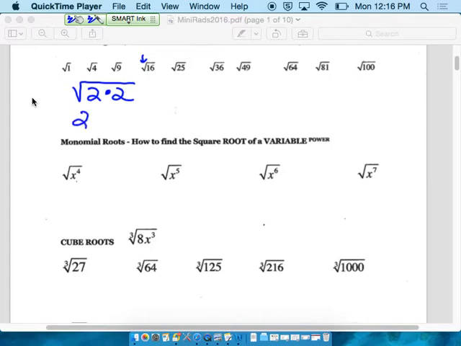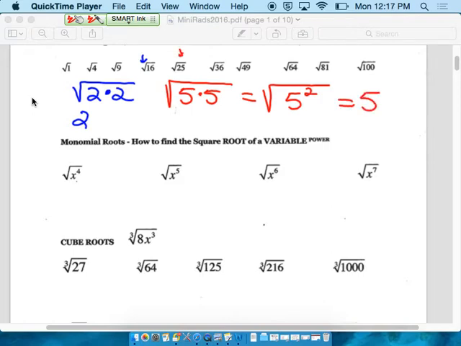The square root of 25, well 25 is 5 times 5, or you may choose to think of it as 5 squared. And then the square root of 25 is 5, because 25 is the same number multiplied times itself 2 times.